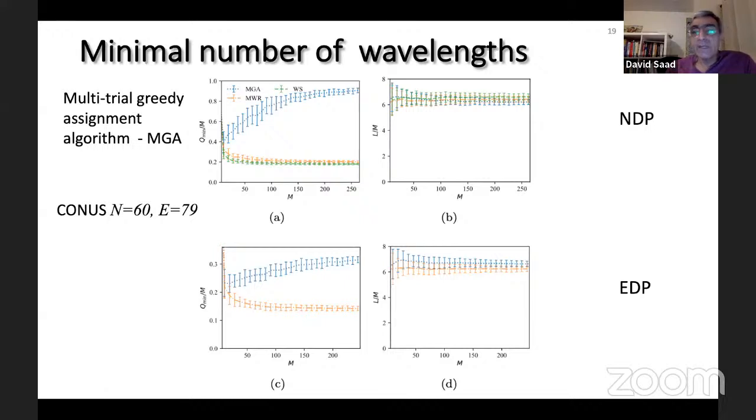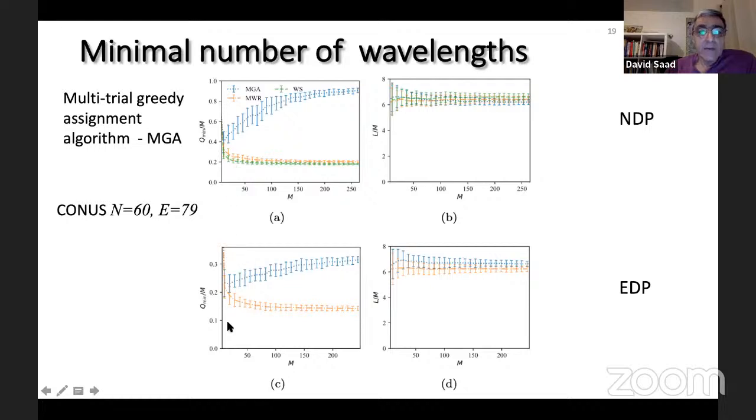First of all, there was a big debate, there still is a big debate in the optical communication community, whether it's worthwhile investing in wavelength switching transceivers. These are the nodes, because they are much more expensive. And the question is, can we gain much by doing that? At least these figures show that we can get more or less the same performance if we use wavelength switching or normal edge disjoint and node disjoint message passing.